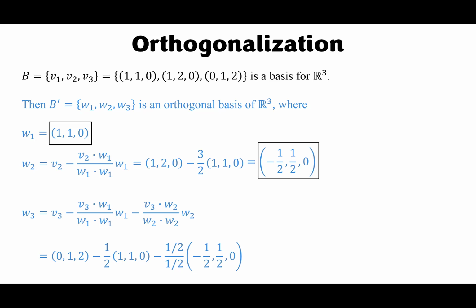And performing that subtraction and scalar multiplication, you get the vector 0, 0, 2. And you can check that vector is orthogonal to both W1 and W2. And so we have created an orthogonal set of vectors that form a basis for R3. We formed it out of this original set of three vectors, V1, V2, and V3.